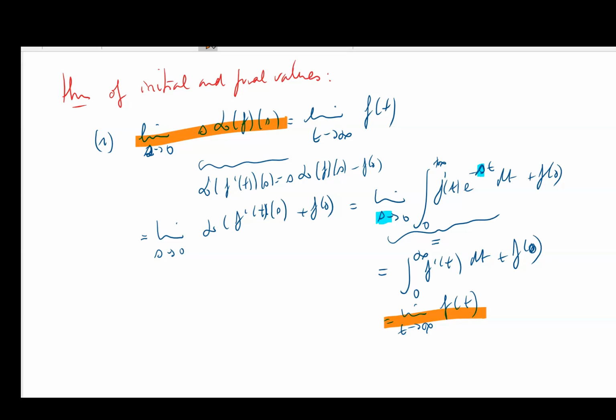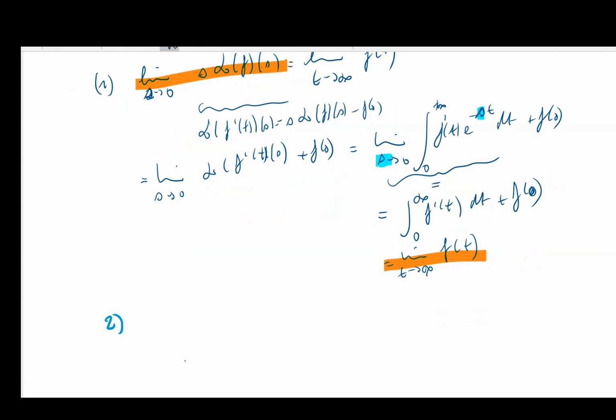Okay, and if you saw that in the previous proof, actually if we had considered the limit as s tends to infinity of exactly the same thing, what do we get? What changes is that we would get infinity instead of 0, and so what do we have in that case?